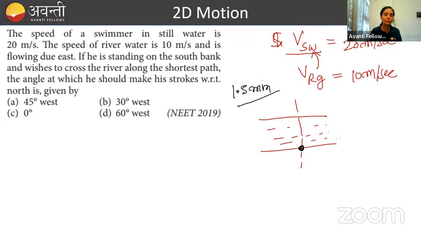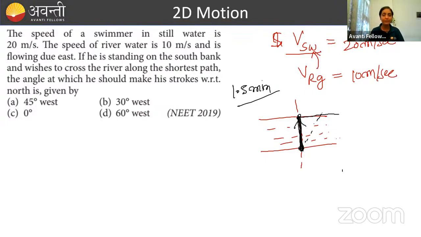तो शॉर्टेस्ट पाथ क्या होगा? If his path traversed is this, it is not shortest, right? Shortest will be this. And if the person is traversing along this line, it means his or her net velocity should be in this direction.